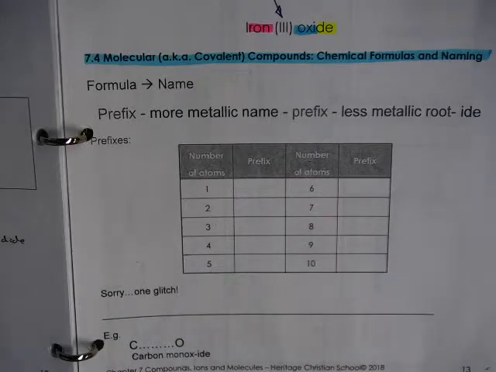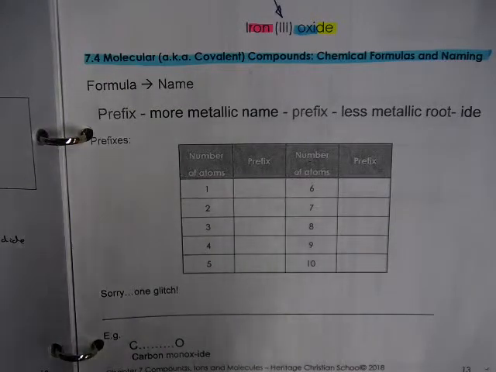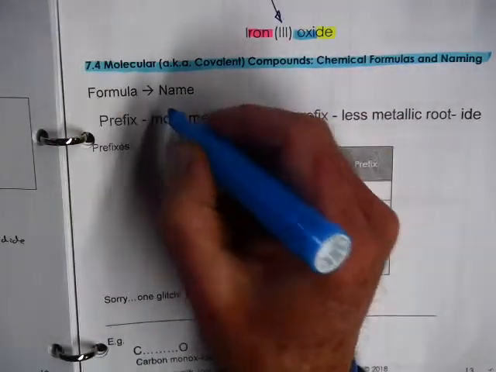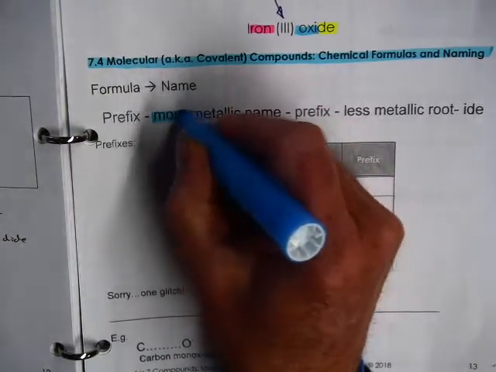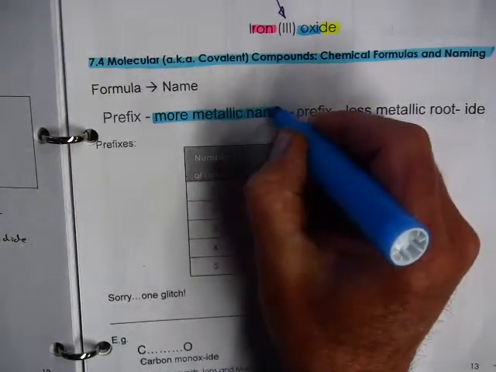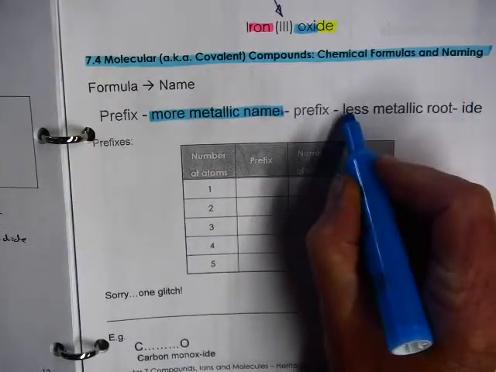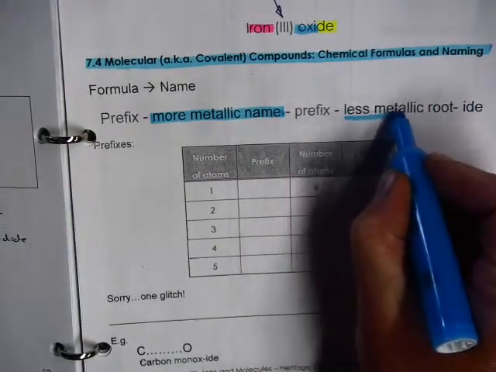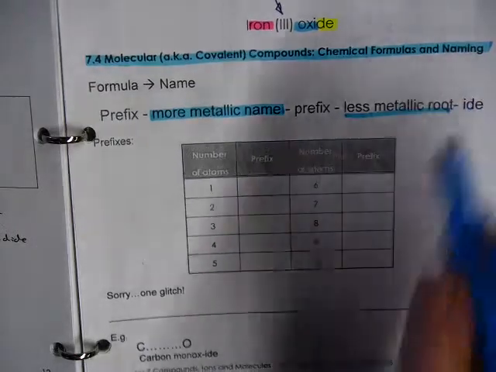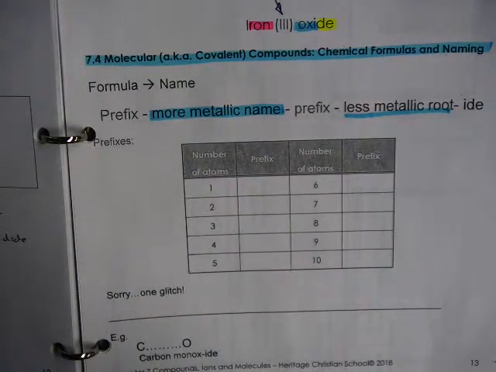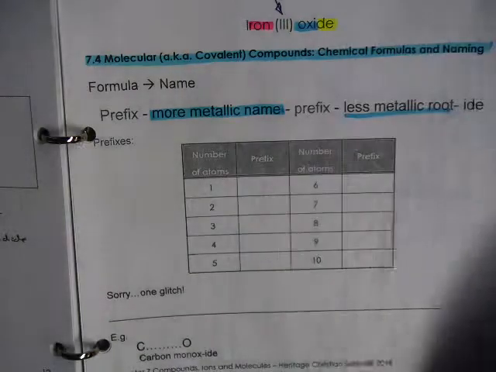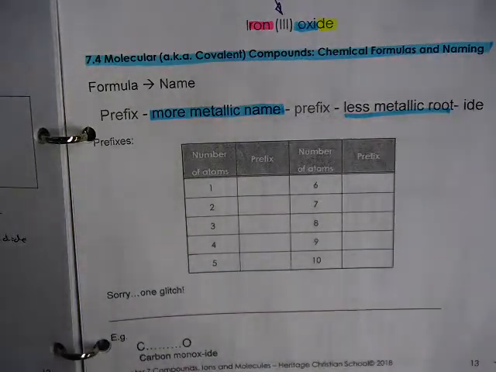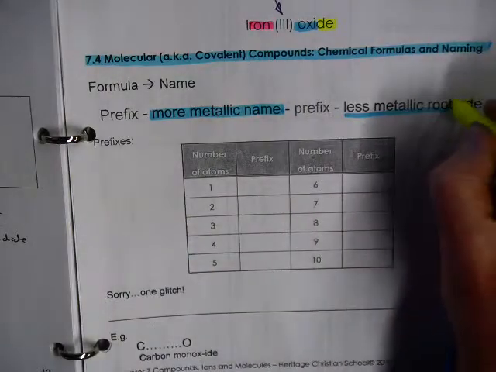Okay? So I'm going to have to figure out a way of doing this. The more metallic name, and I'm going to underline this because this is less metallic, root, prefix, IDE has got to be yellow, so I'm running out of color.